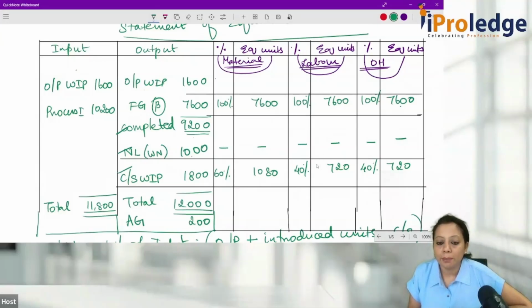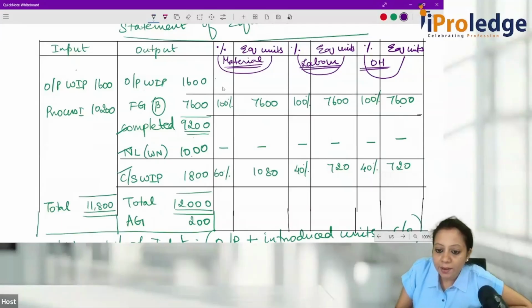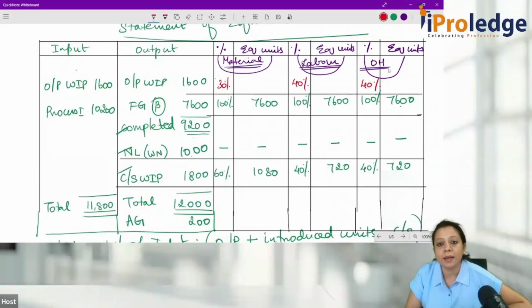Now coming to opening WIP, they have given it to be 70, 60 and 60. Correct? Everyone, can you all see that? So that means should I not write here 30, 40 and 40? Because 70, 60 and 60 is completed in the previous process. Now how much is completed? Only 30, 40 and 40.